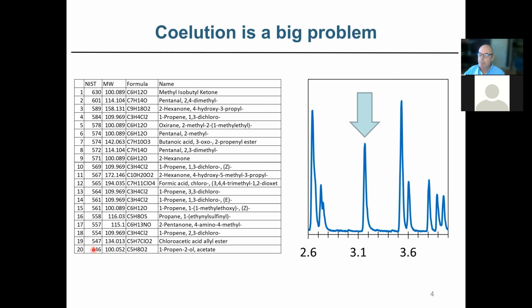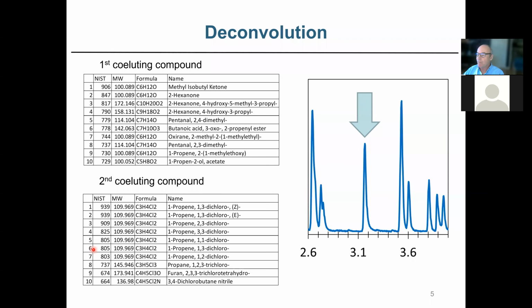So if we have the ability to deconvolve that peak mathematically, and there's a lot of different ways to do that, we can break that peak apart into its two pure component peaks, and hence its two pure component spectra. We can search each of those spectra independently, and now we get some nice looking matches, and we know that there's two components in that peak.